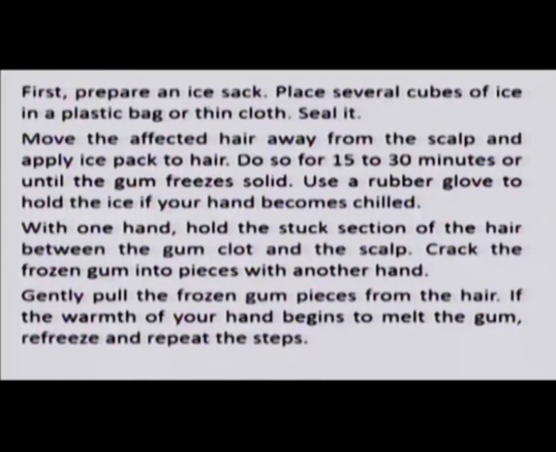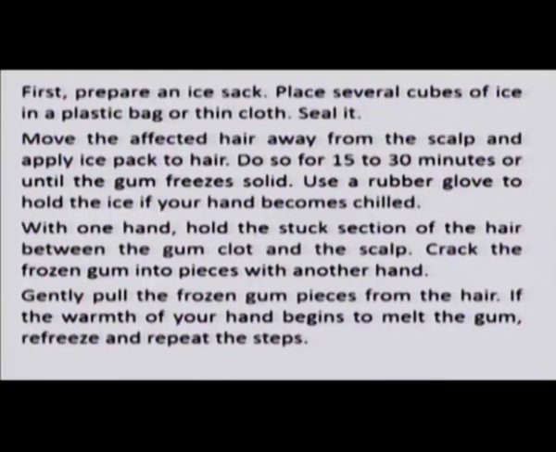First, prepare an ice sack. Place several cubes of ice in a plastic bag or thin cloth. Seal it. Move the affected hair away from the scalp and apply the ice pack to the hair. Do so for 15 to 30 minutes or until the gum freezes solid. Use a rubber glove to hold the ice if your hand becomes chilled.